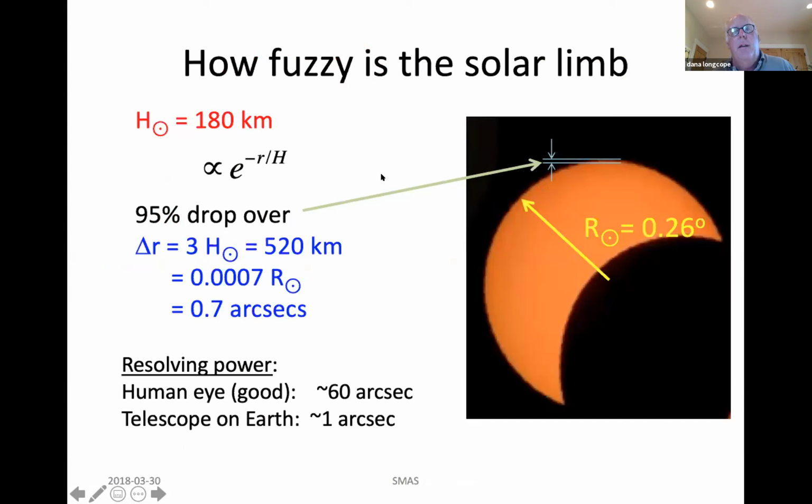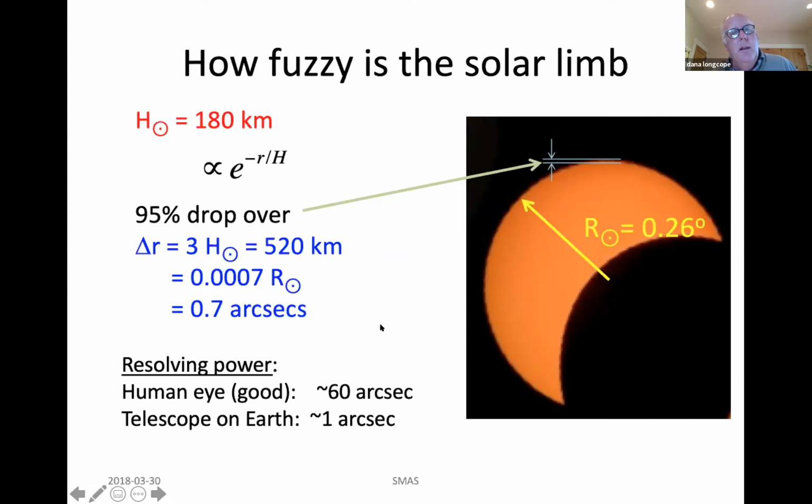So you think, wow, the edge of the Sun must be really sharp. And indeed it is. It's 180 kilometers. I remarked, that's not very thick. I mean, sorry, that's very big. I wouldn't want to have to walk 180 kilometers in a day. But when you think about how big the Sun is, really you're seeing an edge that drops 95% over 0.7 arc seconds.